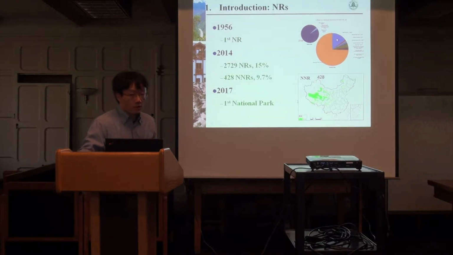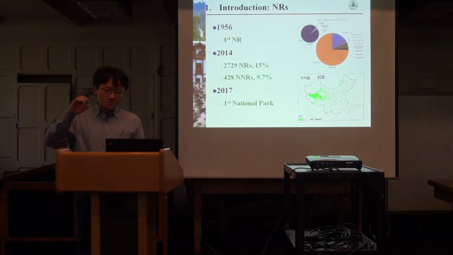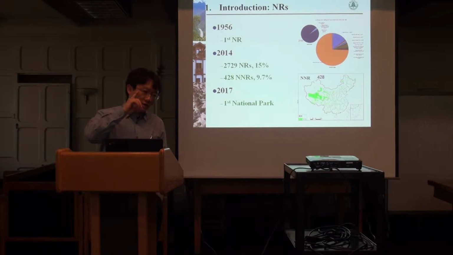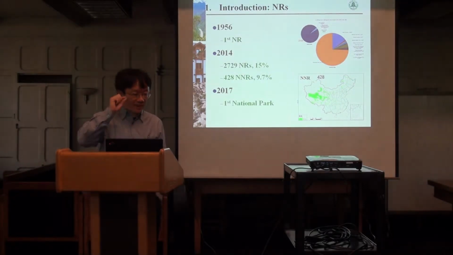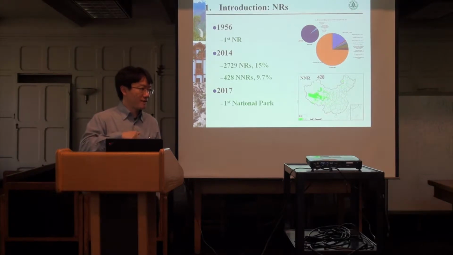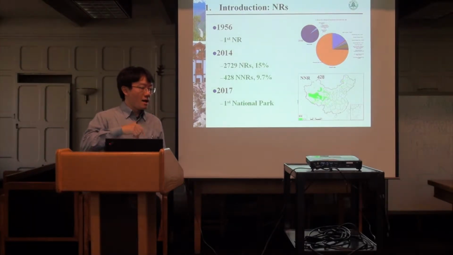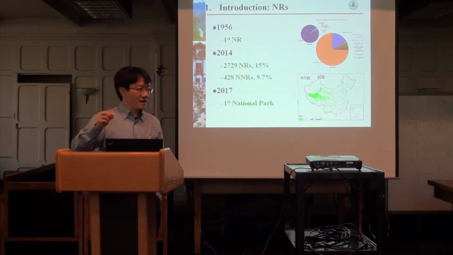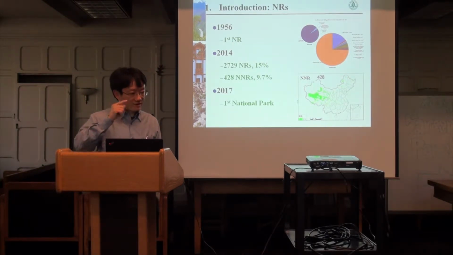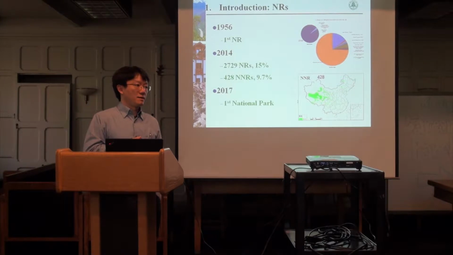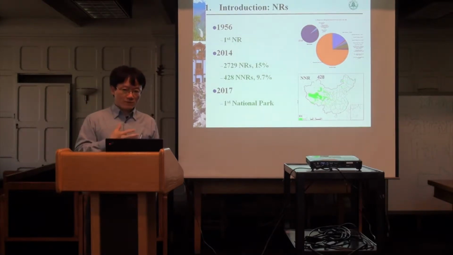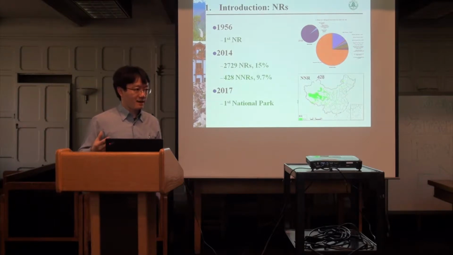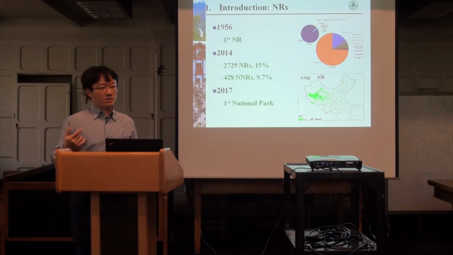The nature reserve accounts for 15% of the national land area in China, and other types of protected area account for 9.6%. The nature reserve is a very strictly protected area, but that's the truth in China.